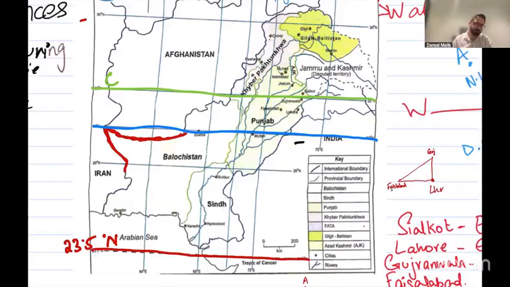Now, line C is just above the Pinocchio nose. So, line C, which is above the Pinocchio nose, this line is going to be how much? This line is going to be 32 degrees north. Understand?